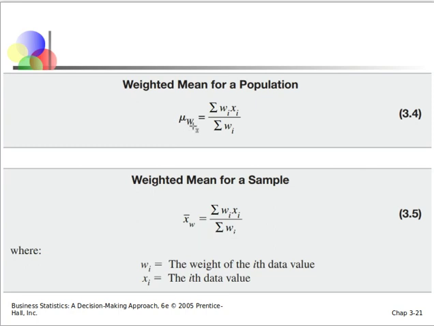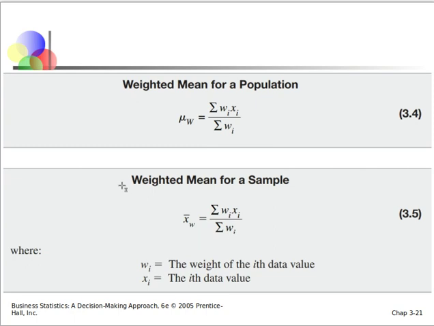Mu sub w equals the total of w sub i multiplied by x sub i divided by the total of the sum of w sub i, or all the elements in the array, or all of the elements in the sample or the population.